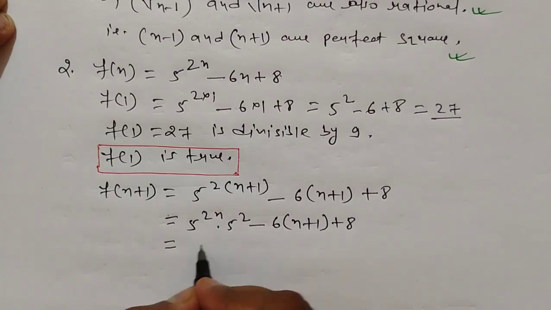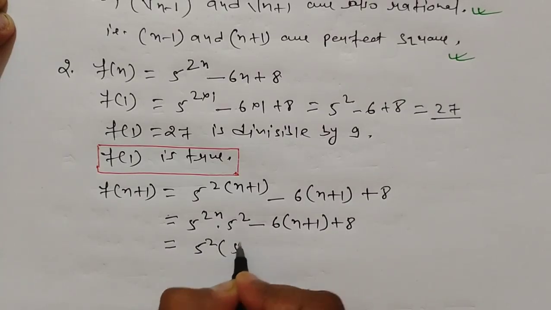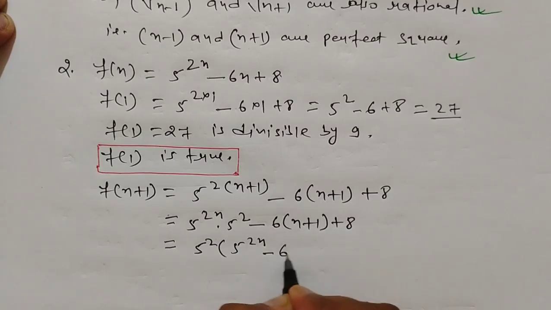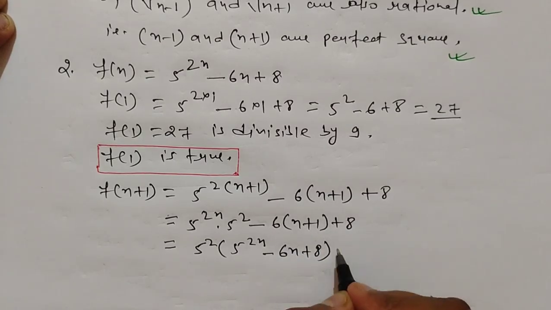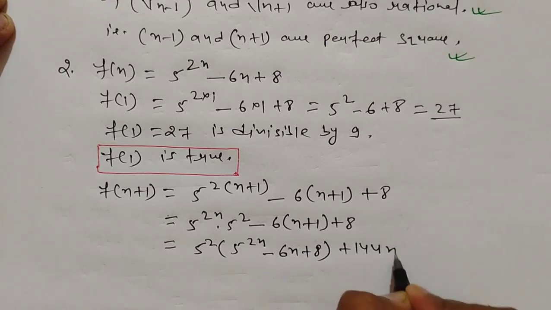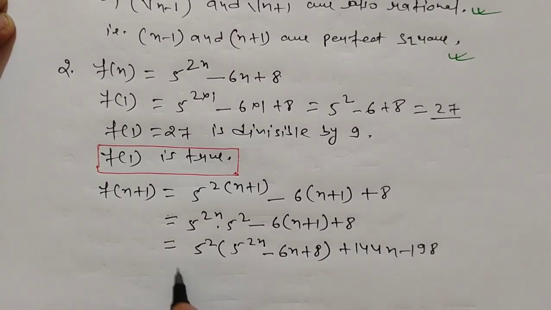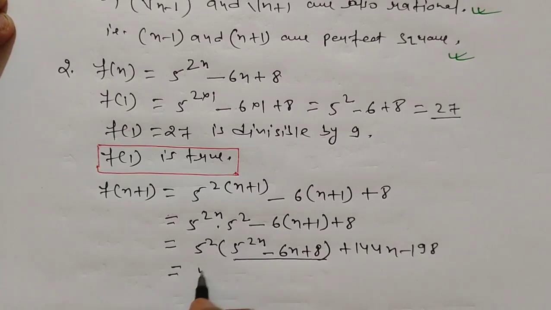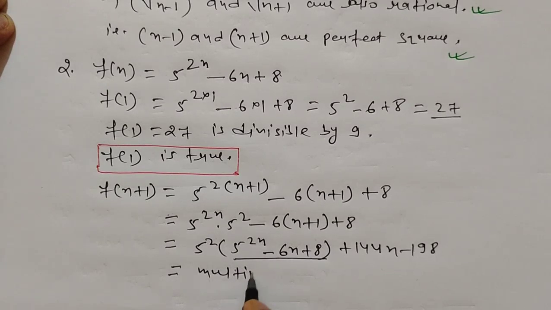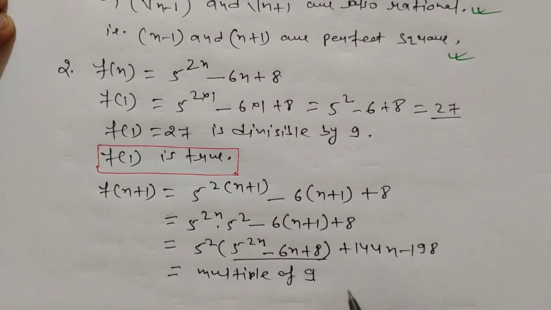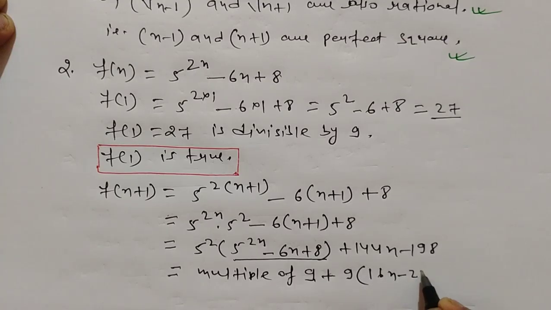This is equal to 5 to the power 2 into 5 to the power 2n minus 6n plus 8 plus 144n minus 198, and we can say this is a multiple of 9, so we can write this as multiple of 9 plus 9 into 16n minus 22.